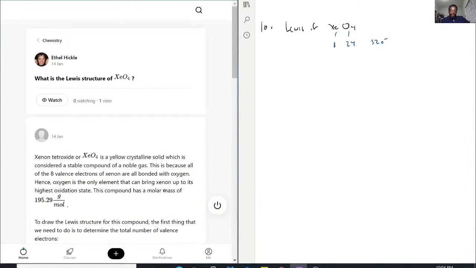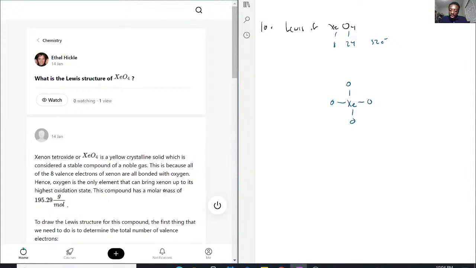So with that being said, xenon's in the middle. We have 4 oxygens: 1, 2, 3, 4. Now we want to add the oxygens, and then go ahead and count out the number of valence electrons that each had, how much is sharing and how much is still needed.